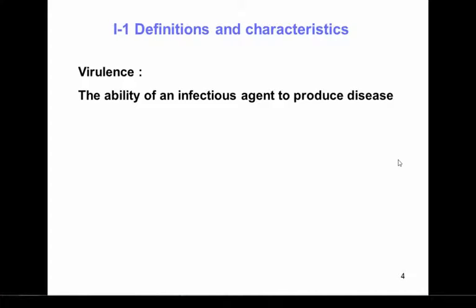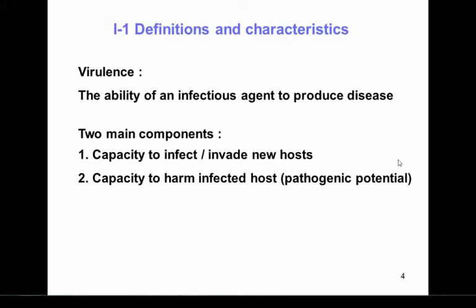So particularly with opportunistic pathogens, different strains, different isolates will have differing virulence. What does that mean? That means the ability of the organism to cause disease. And there's kind of 2 main components of this.